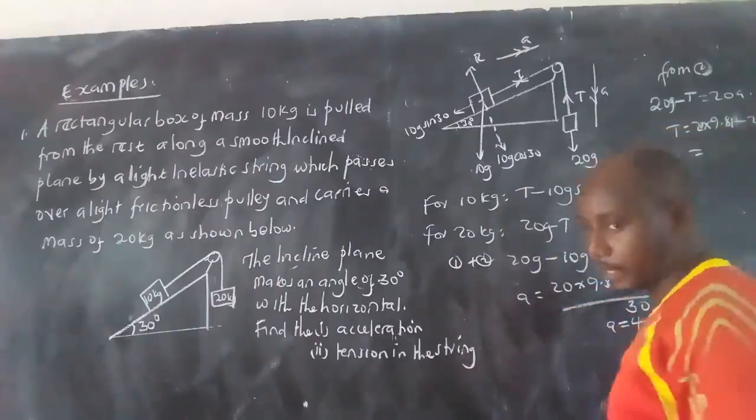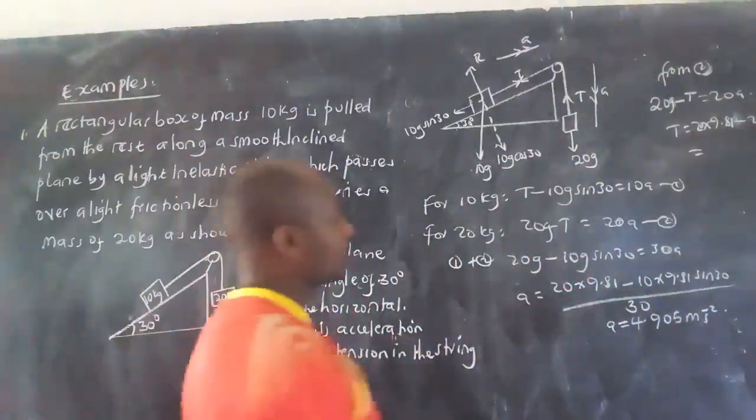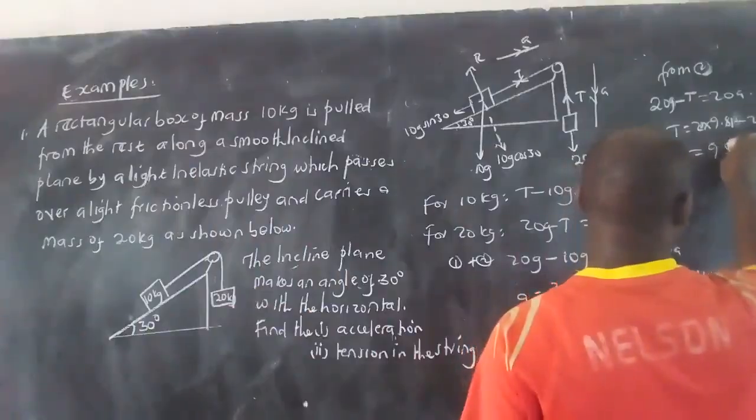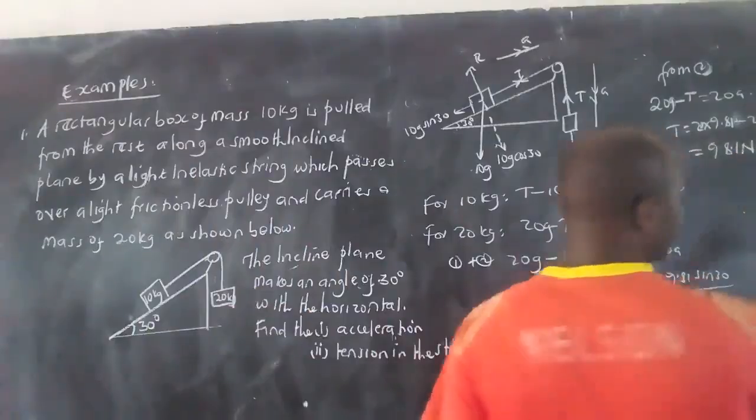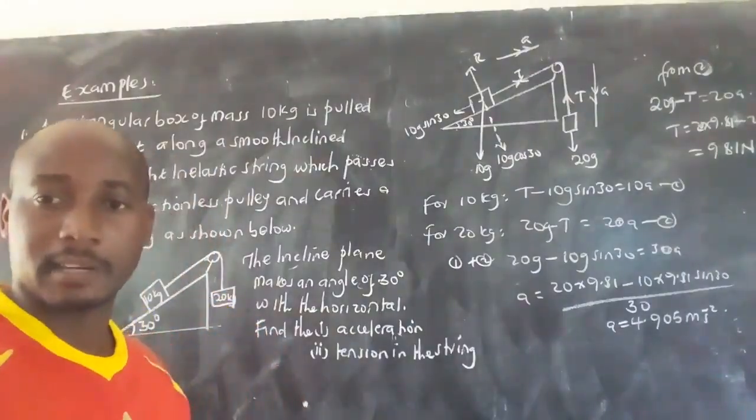When we substitute properly, we shall be able to get our tension as 98.1 newtons. Okay, is it okay? 98.1. We can have the next.